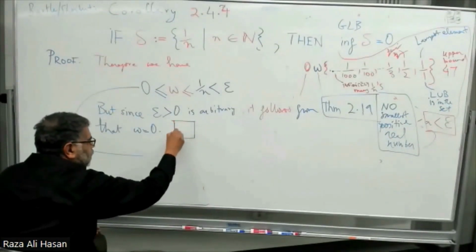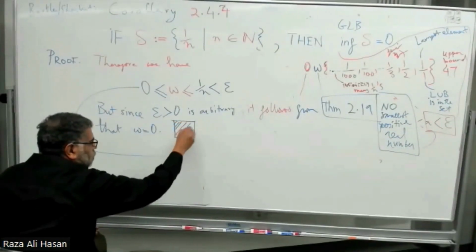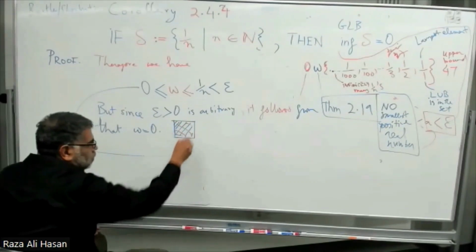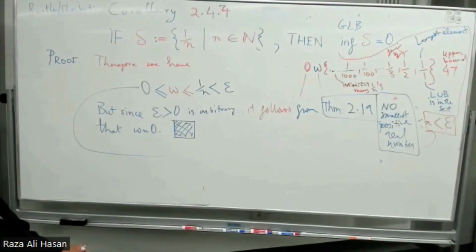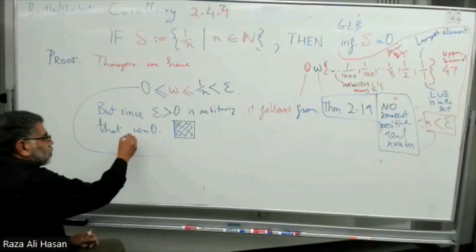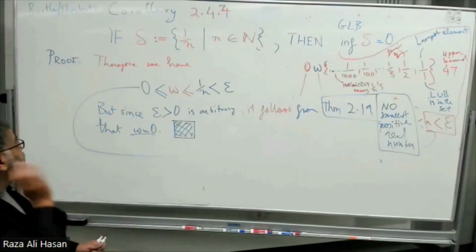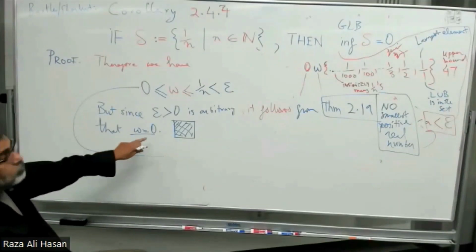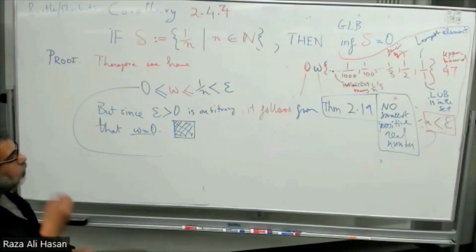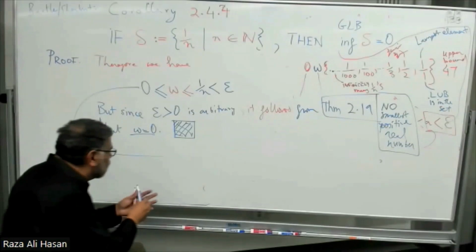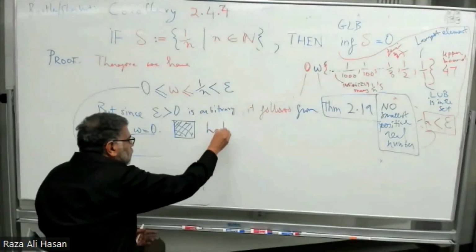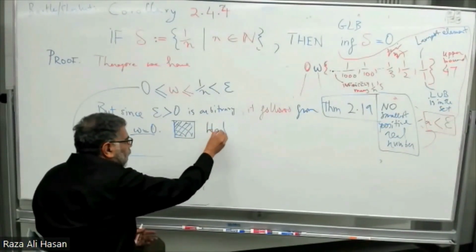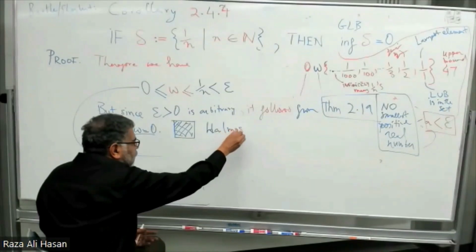The theorem ends right here. Because this is what we set out to prove, that W, the infimum of S, is 0, right there.